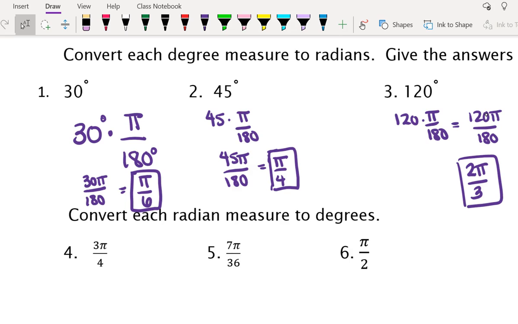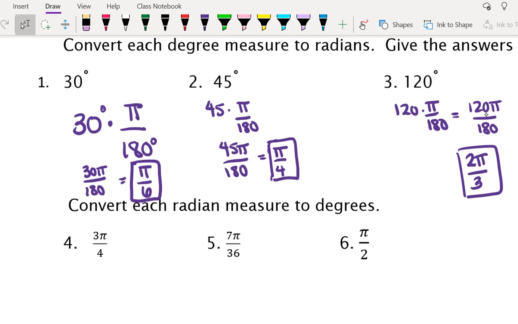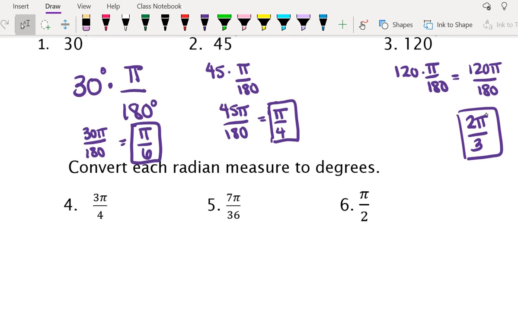Okay, you're going to learn to memorize these because we will talk about them a lot. Now, if I want to go the other way, converting each radian measure to degrees, so now I'm going to take 3 pi over 4, and I'm going to multiply that by 180 over pi, since I want pi to cancel, that's ultimately my goal.